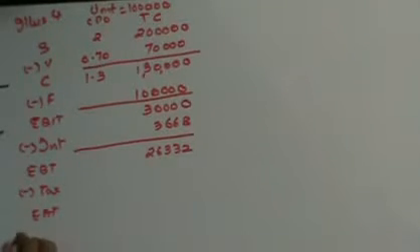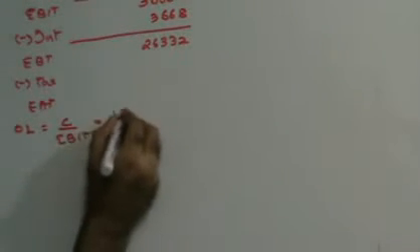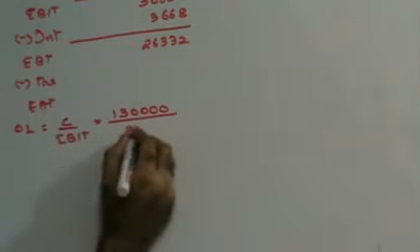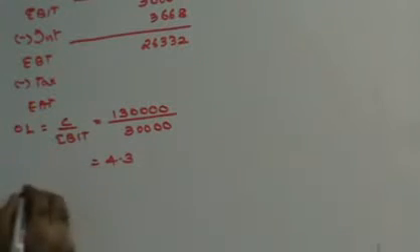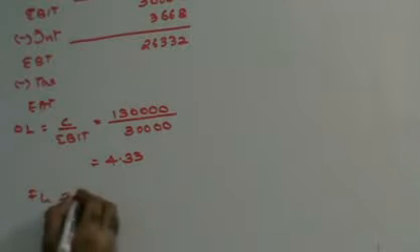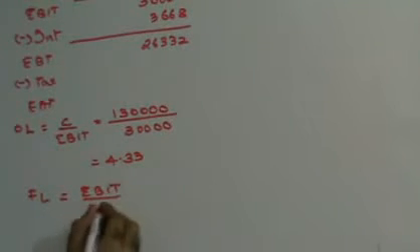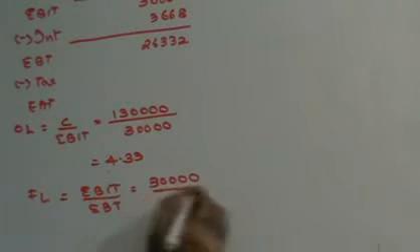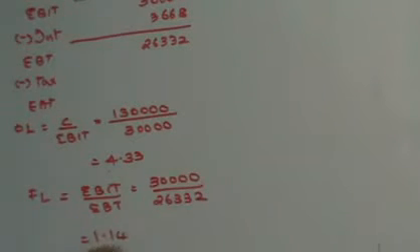Let's calculate the leverages. Operating leverage: C upon EBIT. C is 1,30,000 upon EBIT 30,000. 4.33. Then you have financial leverage. Financial leverage is nothing but EBIT upon EBT. 30,000 divided by 26,332. 1.14.